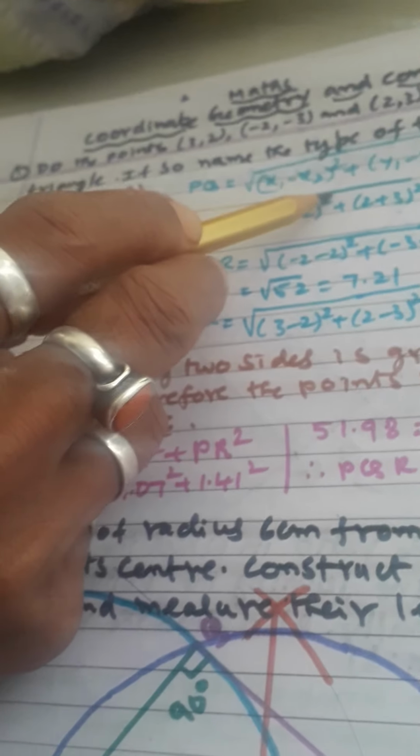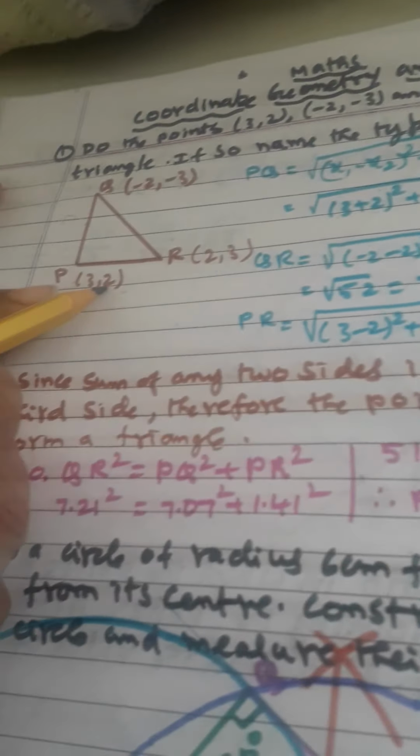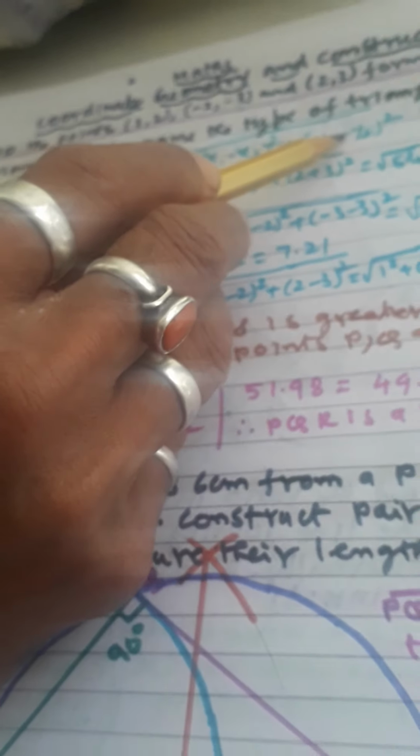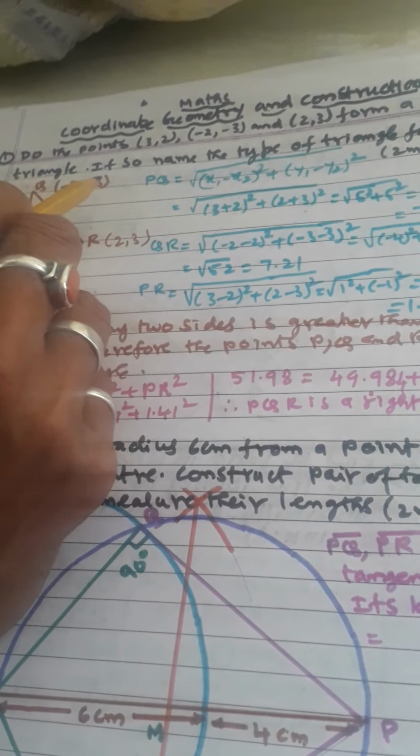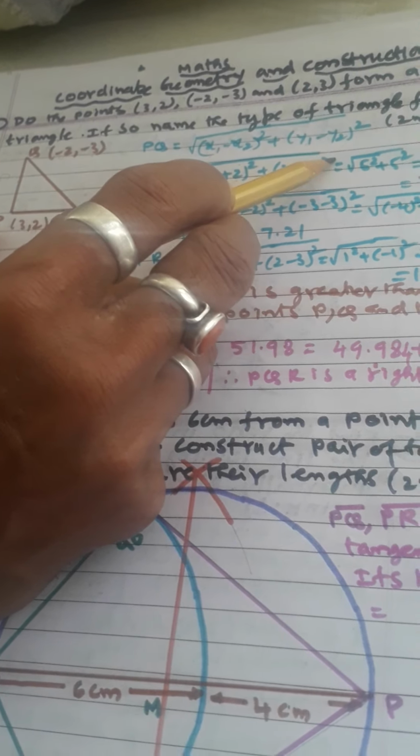So 3 plus 2 whole square. Then y1 is 2, and again the minus with minus becomes plus, so 2 plus 3 whole square.